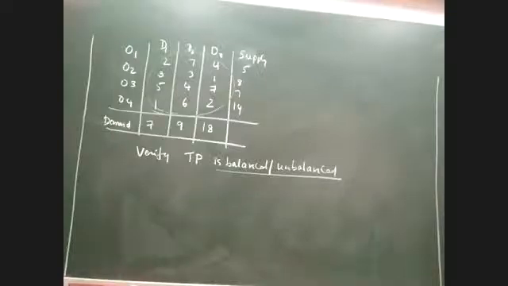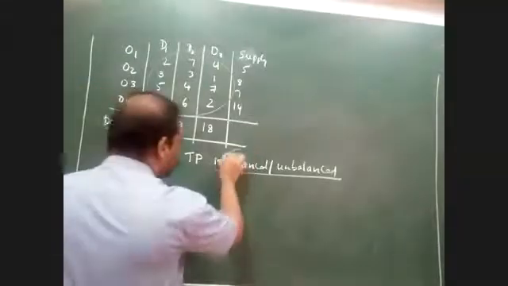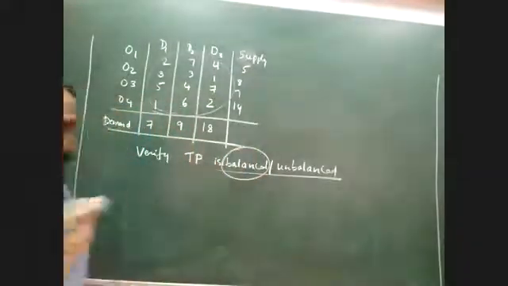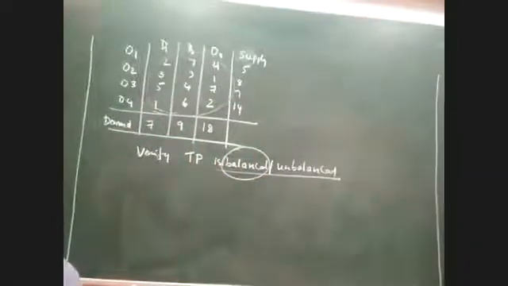Excellent. So whenever we talk about a balanced or unbalanced problem, it is always the total of demand and the total of supply. The first important prerequisite for a transportation problem is that you will be able to proceed to solve the problem only if the problem happens to be balanced. It's a question of balance, basically.